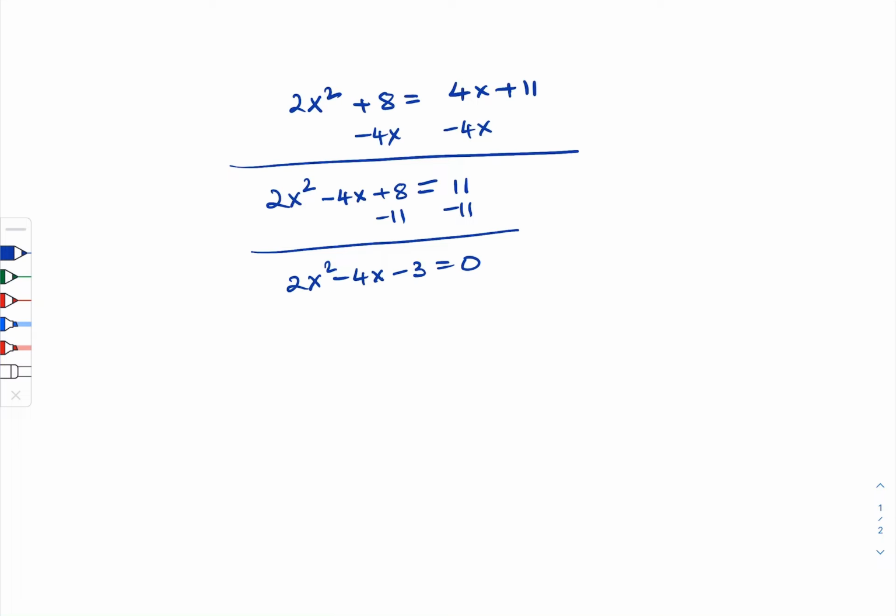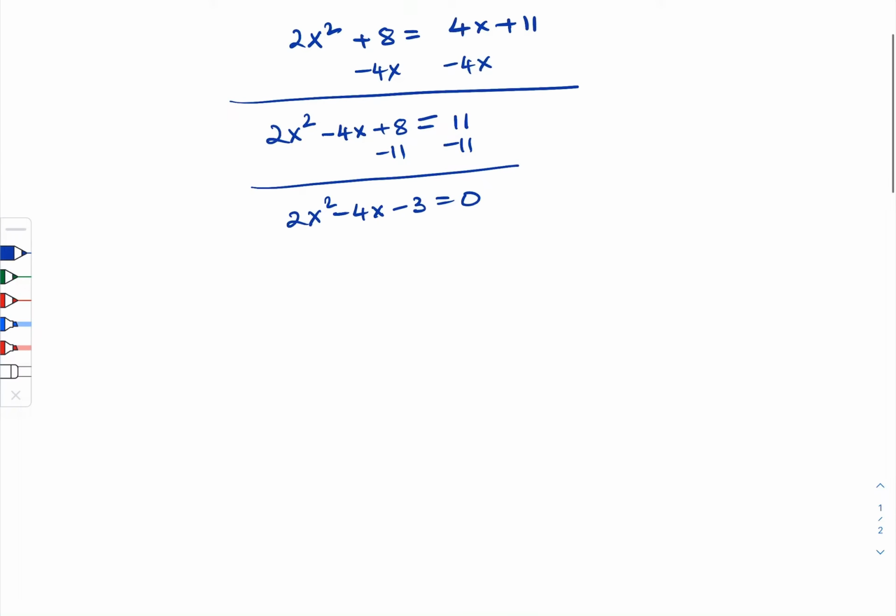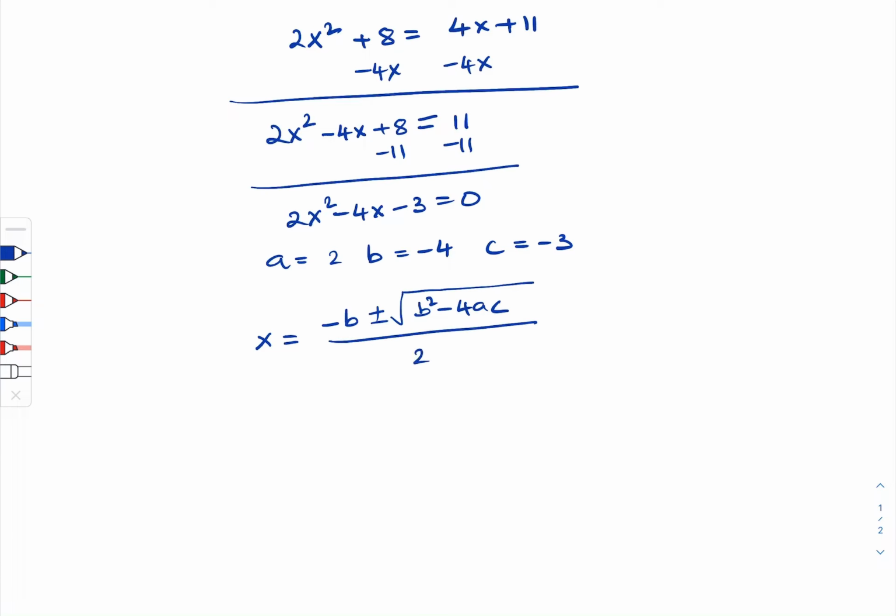All right, so now we have a workable trinomial equation. And again, you can just go ahead and use the quadratic formula to solve this one. So my a is 2, b is -4, c is -3. So x is equal to minus b plus minus square root of b squared minus 4ac over 2a.